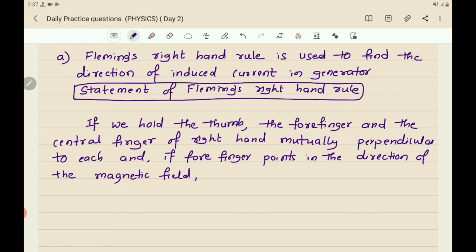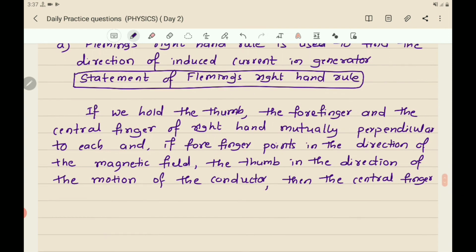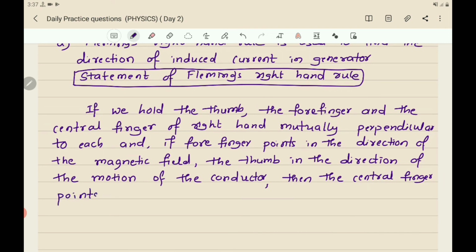the thumb in the direction of motion of the conductor, then the central finger points in the direction of the induced current in the conductor.